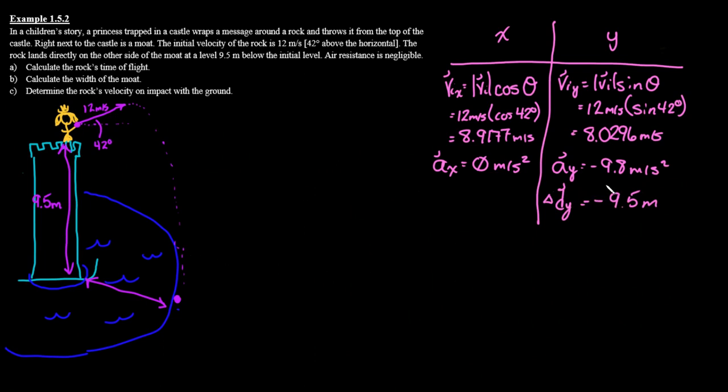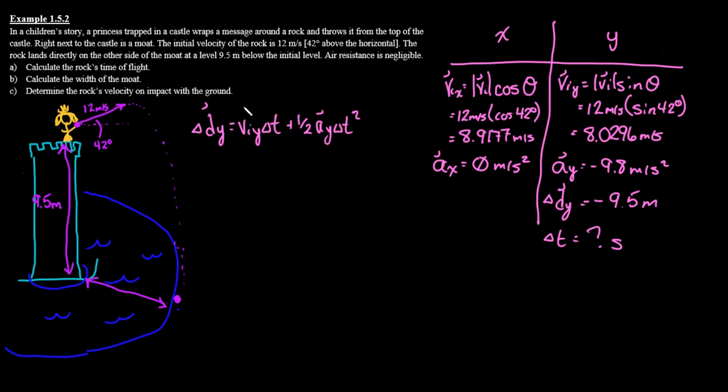So we're going to use the y direction again to find that time. To find the time, a lot like we did in problem 1.5.1, we're going to use that exact same kinematic equation that says the displacement is equal to the initial velocity times time plus 1/2 the acceleration times time squared.